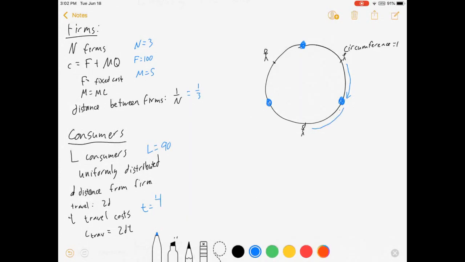Anyone between this consumer and that firm will also go to that firm. Now, how many is that? How many customers? Well, that is L over N customers, which in this case is 90 over 3, is 30 customers to each firm.